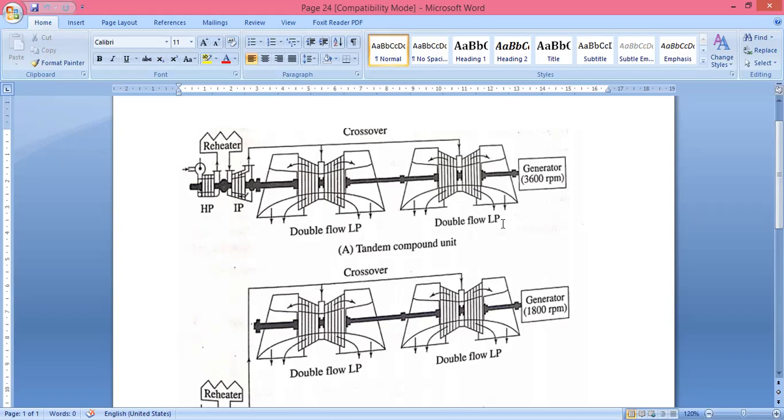All these shafts are operating at the same speed.